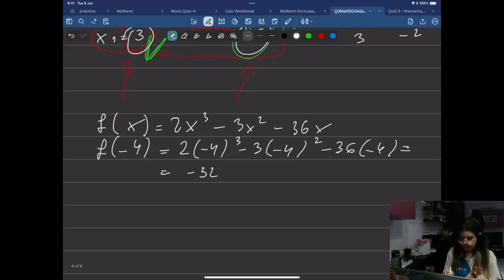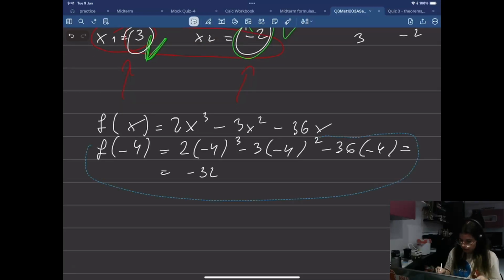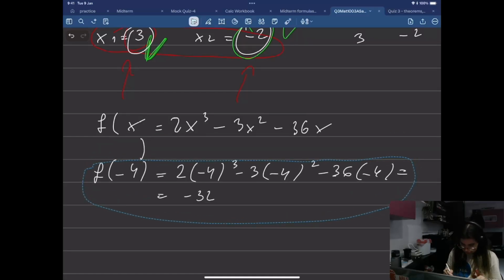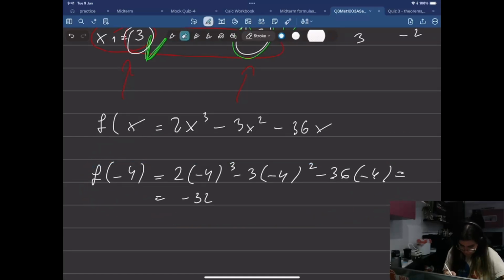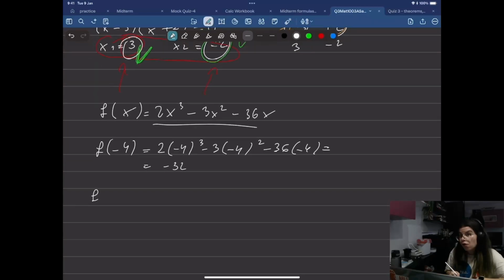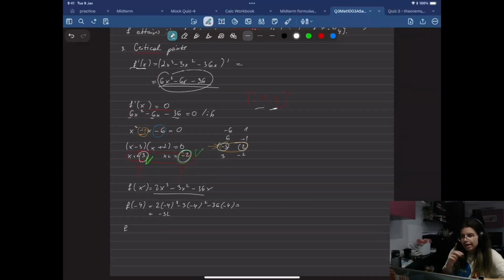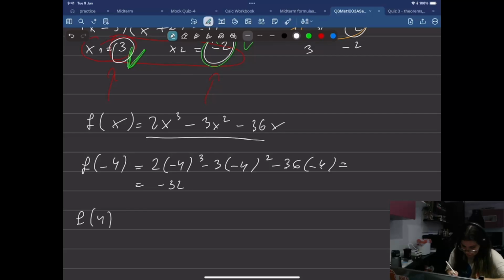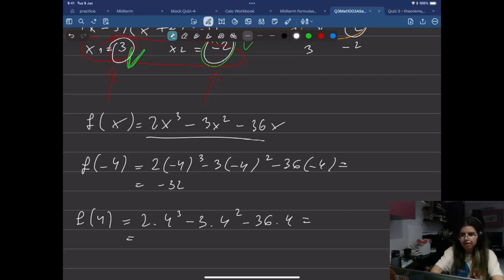And I just keep doing that for the rest of the endpoints plus the critical values. So now I'm just gonna try with 4, the other endpoint, right? So f of 4 is 2 times 4 cubed minus 3 times 4 squared minus 36 times 4. That's minus 64.